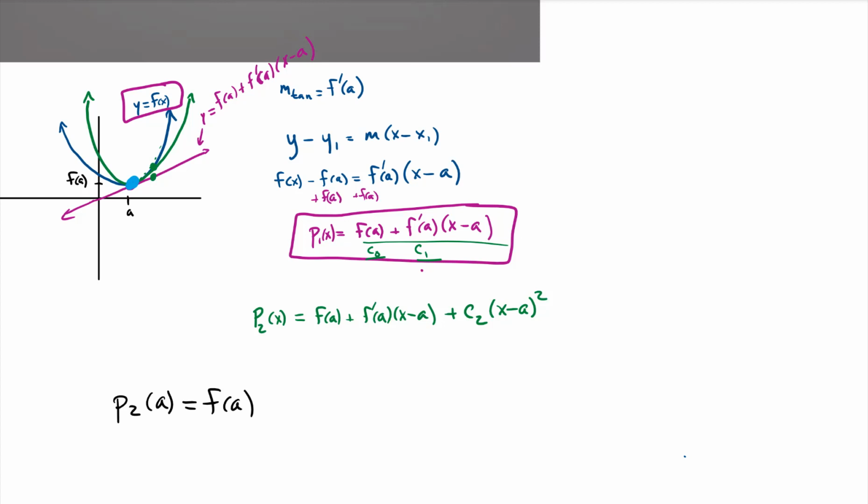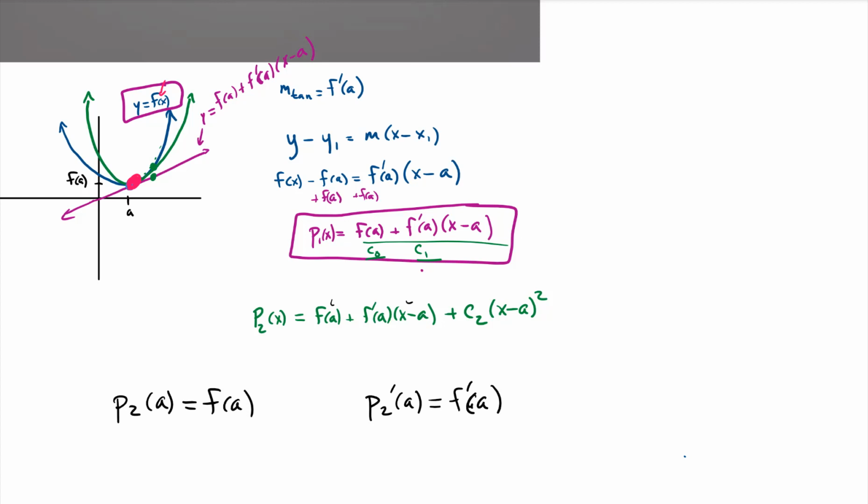So we're saying that if we plug in A everywhere, it must equal the same thing as our f of A. But again, we've set it up in such a way that when you take a derivative at A, it's got to be the same thing as taking a derivative of f at A. That's the slope.